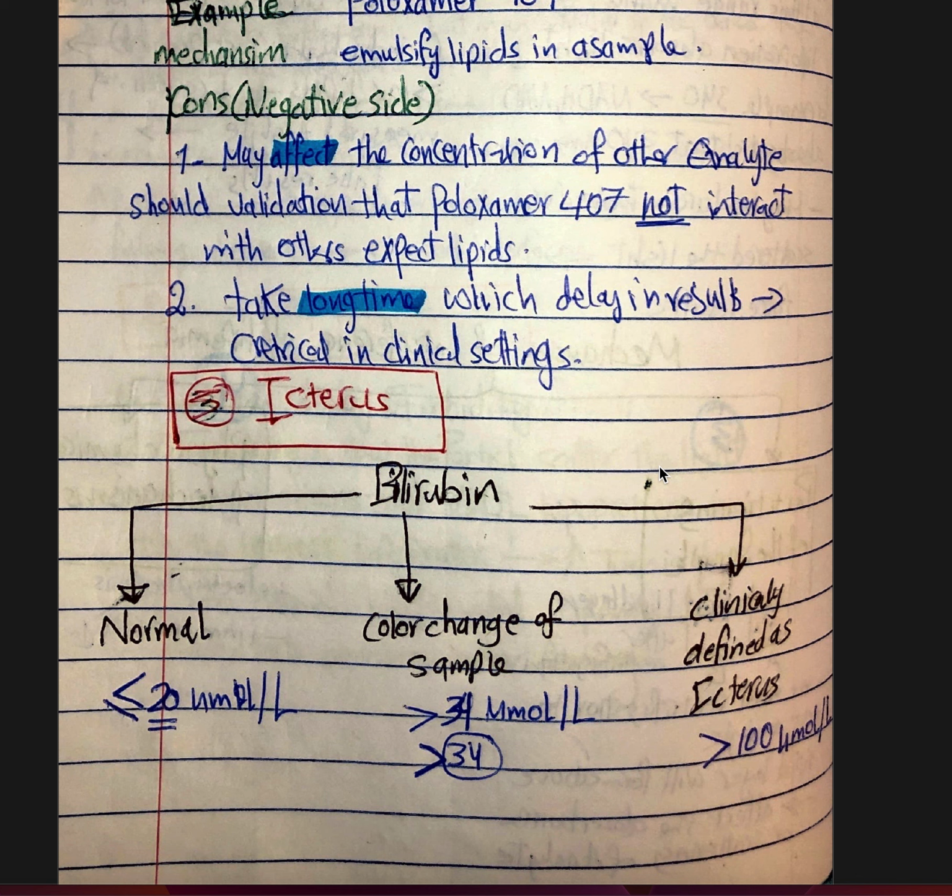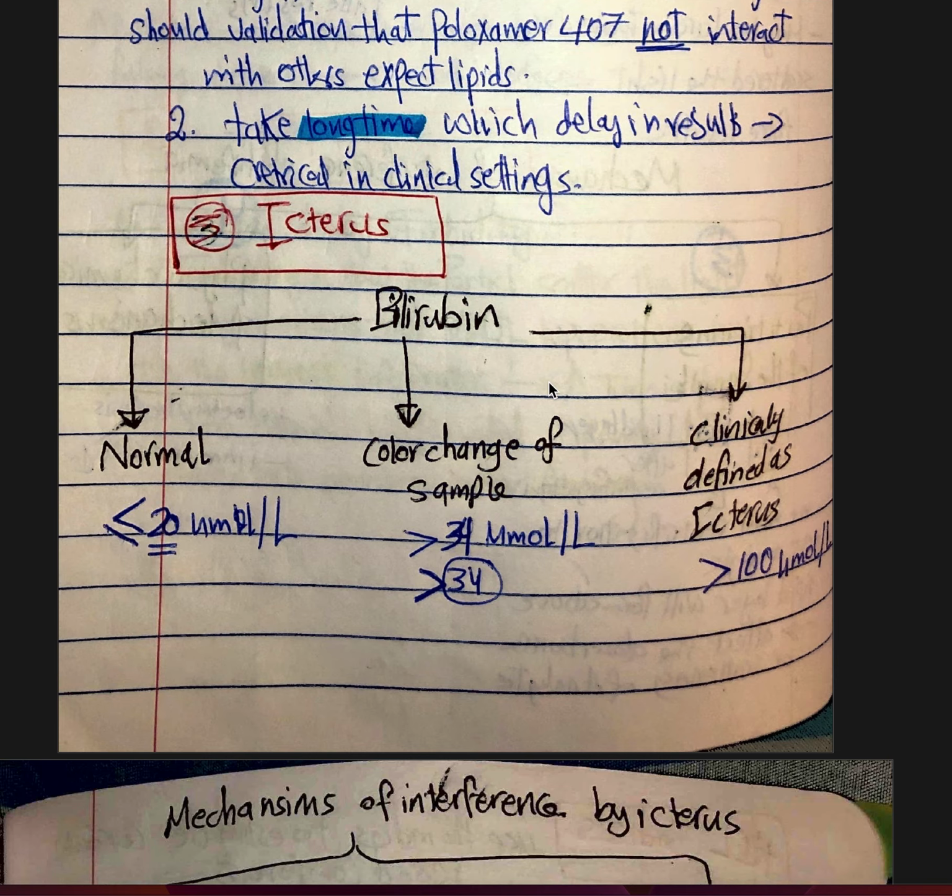Then we go back to our topic, the pre-analytic errors. The first one, hemolysis, was the most important pre-analytic error. Then we talked about lipemia, and now another one called icterus. Icterus means increased bilirubin level.